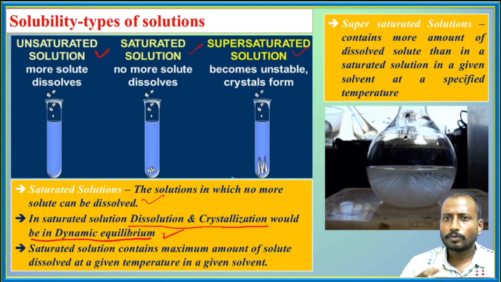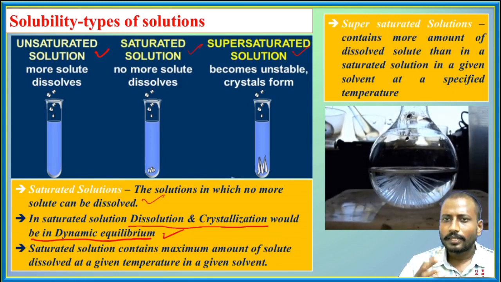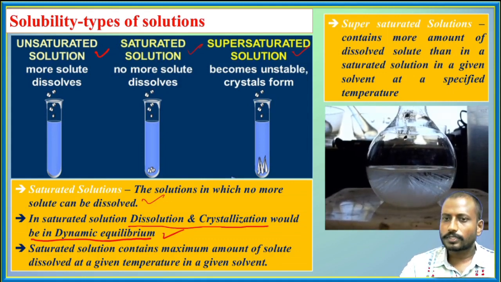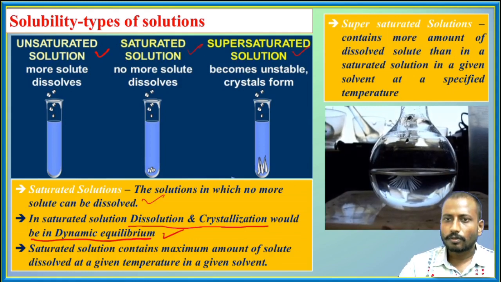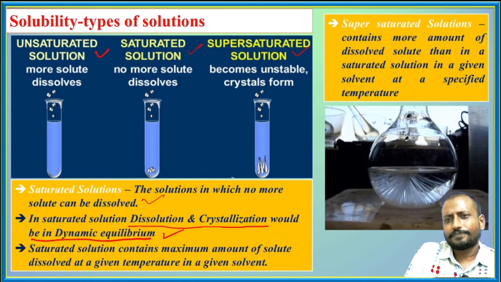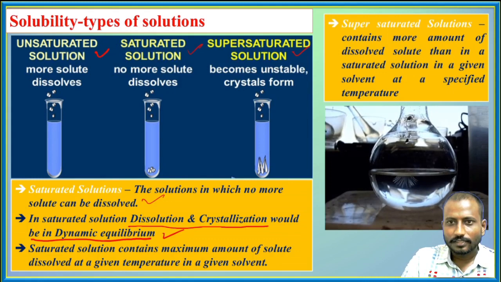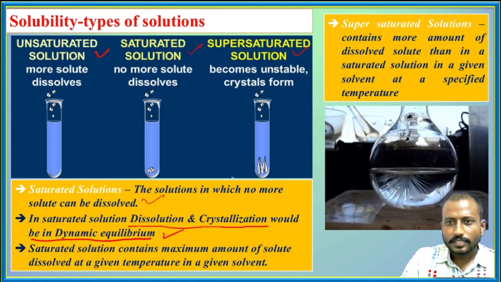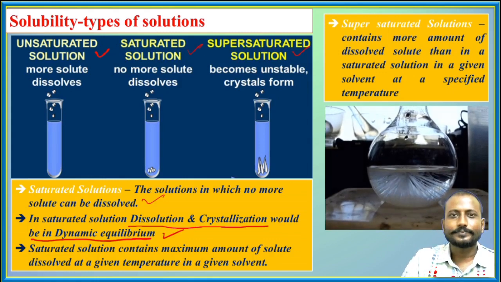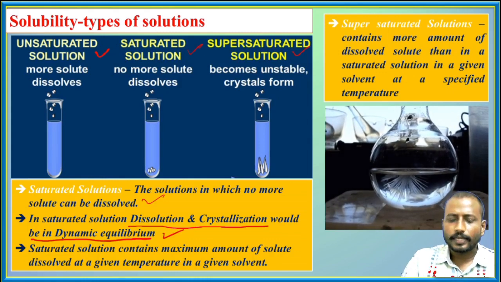That means we increase the heat and bring it down to the temperature you want, then that solution is going to contain a supersaturated solution. In supersaturated solution, crystallization is going to appear very fast. See that crystals are forming. You can see that picture. If we keep that supersaturated solution, the crystals separate very quickly. Okay, so this is about solubility and the types of solution.